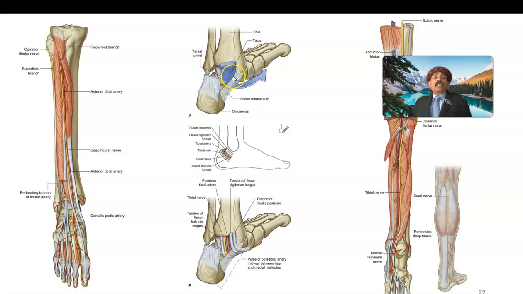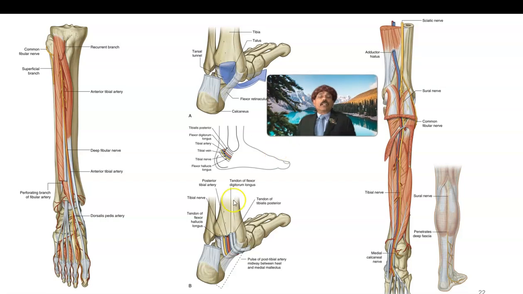Here is the tarsal tunnel bounded by the flexor retinaculum. What structures pass underneath the flexor retinaculum? Those are the contents of the tarsal tunnel. Like what? Like the tibialis posterior.